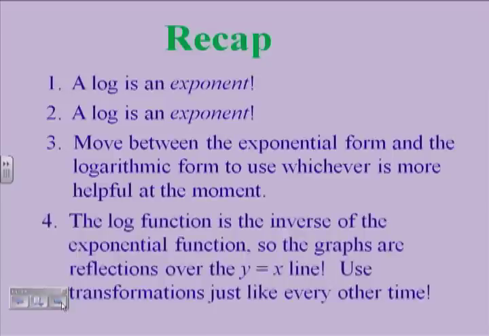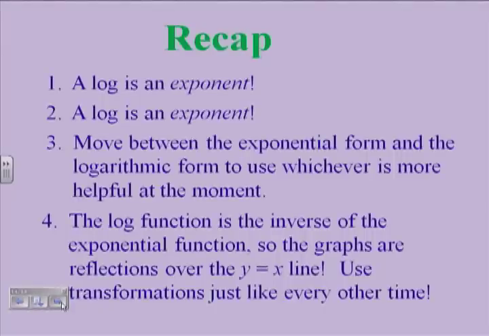Okay? The other really useful information here is the idea that the log function is the inverse of your exponential function. And so your graphs are related. The horizontal asymptote on the exponential became the vertical asymptote on the logarithmic function.